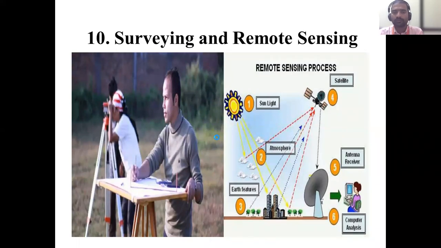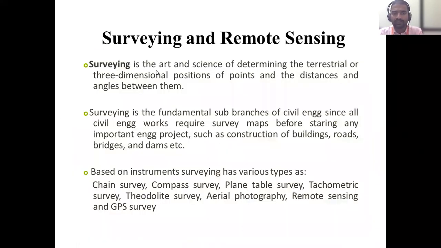We will study that. Surveying is the art and science of determining the terrestrial or three-dimensional position of a point and the distances and angles between them.